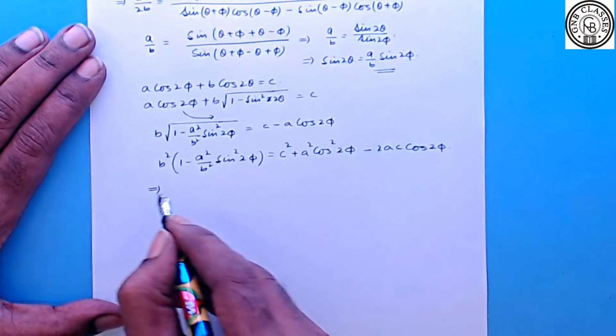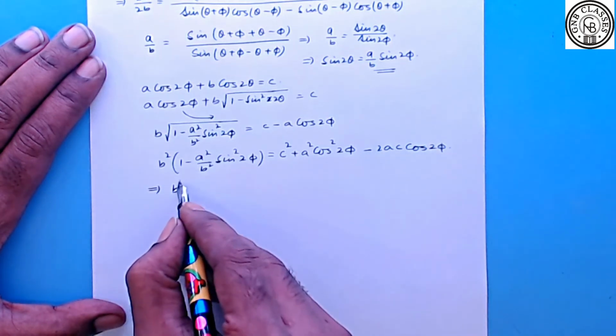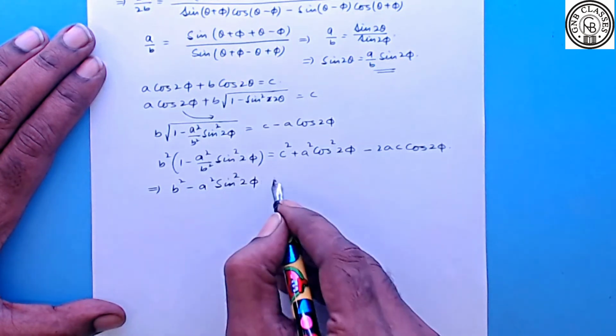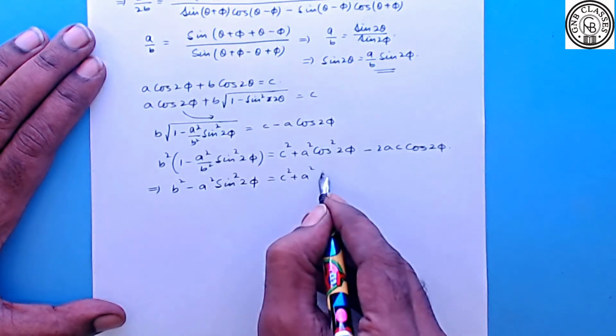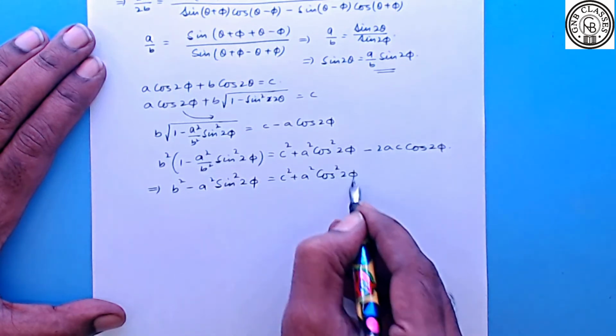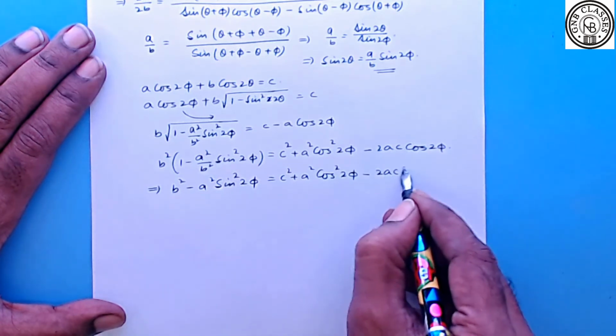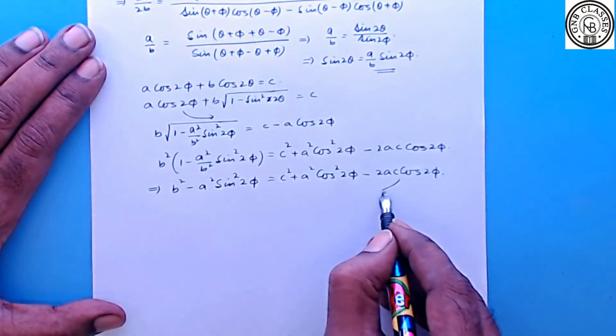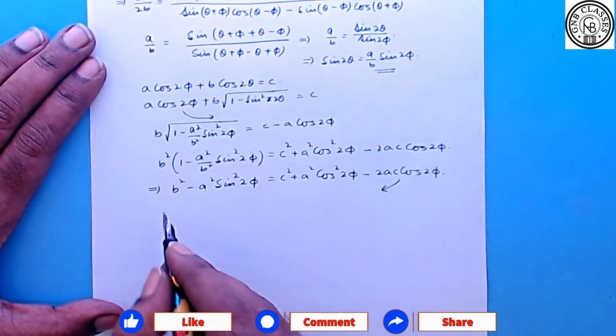So let me open the bracket in the left hand side. So we are having... now let me take 2AC cos 2 phi in the left hand side and the rest in the right hand side.